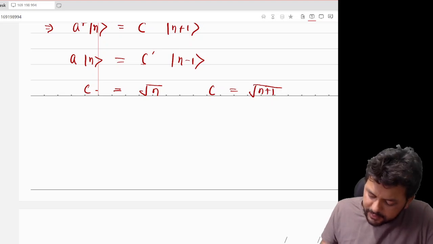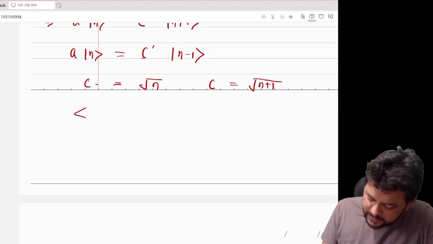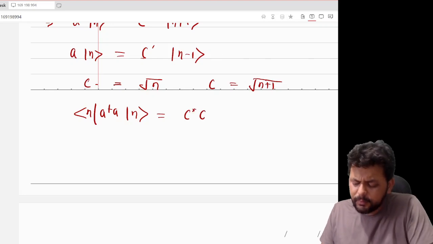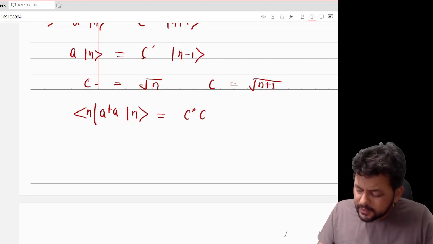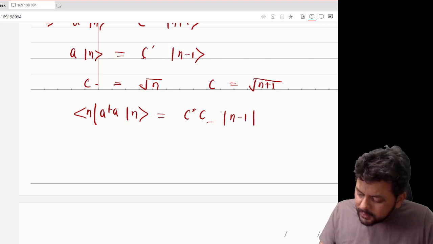Let's say I'm just giving you an example here. Let's say this is A dagger A on the nth state I'm applying, so we get C complex conjugate. We don't know the answer of this yet, so it lowers the state to n minus 1.